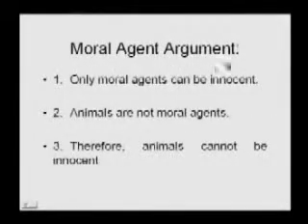The moral agent argument continues. Only moral agents can be innocent. Animals are not moral agents, therefore animals cannot be innocent. The modified innocence argument. It is wrong to harm the innocent unless we have a very good reason to believe that this is the only realistic way to prevent equal harm for many other innocents.